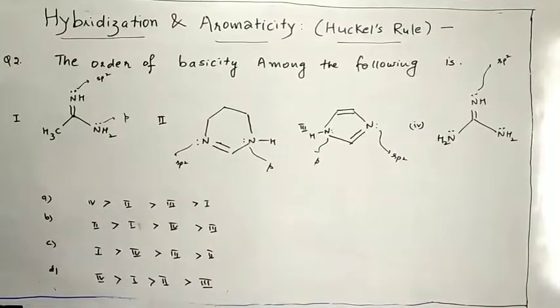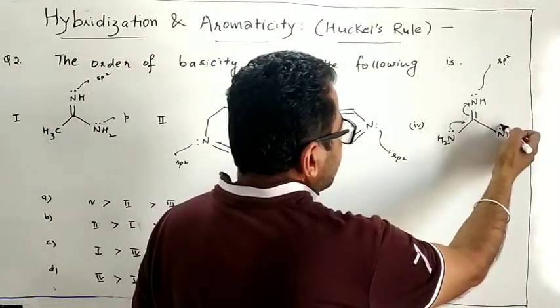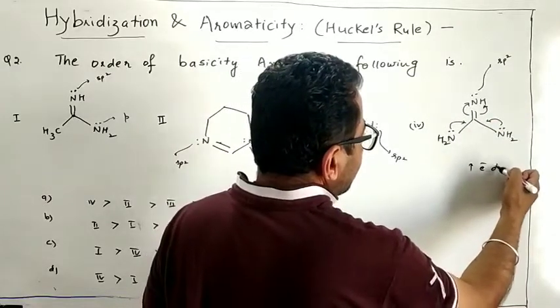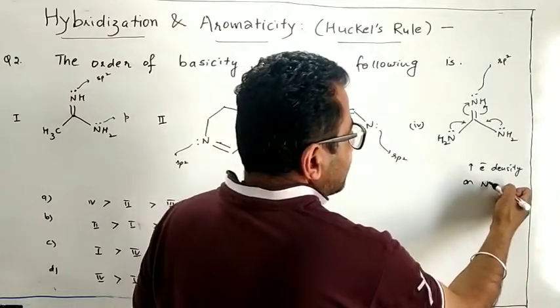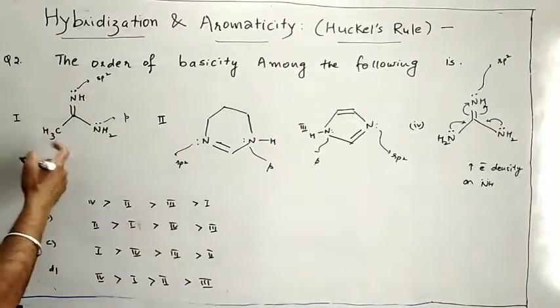Second is, now we can compare. See the last one: this nitrogen donates electron like this, this nitrogen donates electron like this. So it increases electron density on NH. Now we compare it with this.